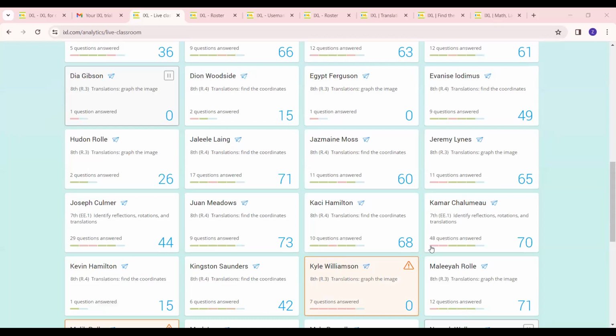Take a picture of what your grade is right now. You'll see your smart score and send it to me via WhatsApp, please. Take a screenshot of your current smart score and send it to me, please.